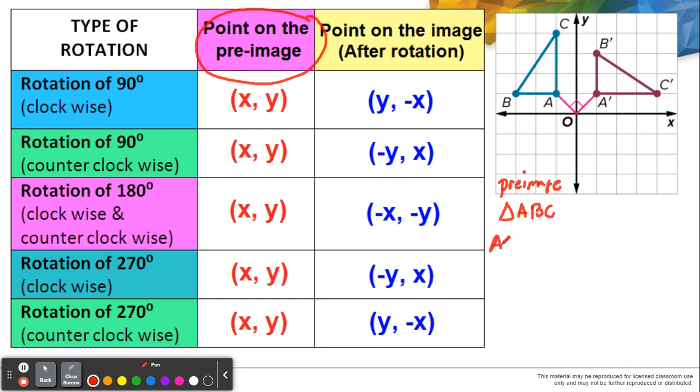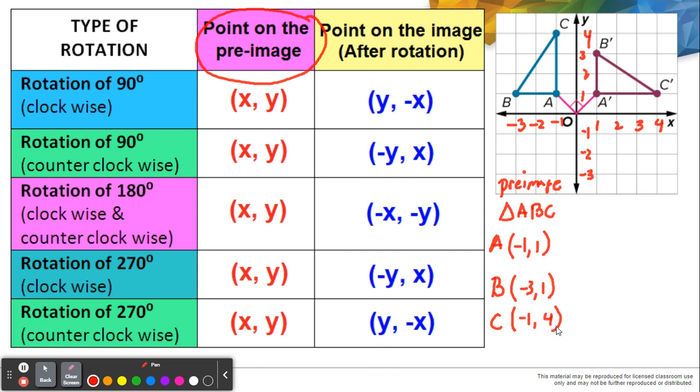Our A has coordinates of, let me see, negative 1 and 1. For B, we have negative 3 and 1. And for C, we have negative 1 and 4.